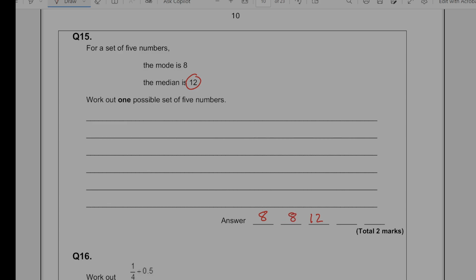If it says the mode, it means that we can't have 14 and 14. So I'm going to go 13 and 15. And in reality, these two numbers don't really matter, as long as they're not the same number and they're not smaller than 12. I think any two is fine there because that won't affect the mode or the median.